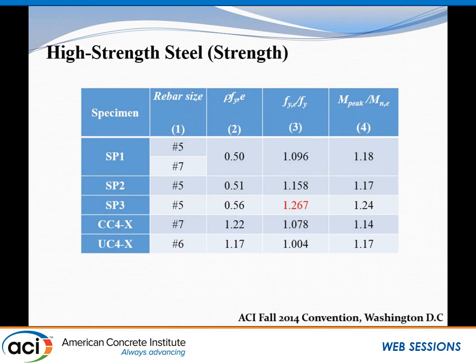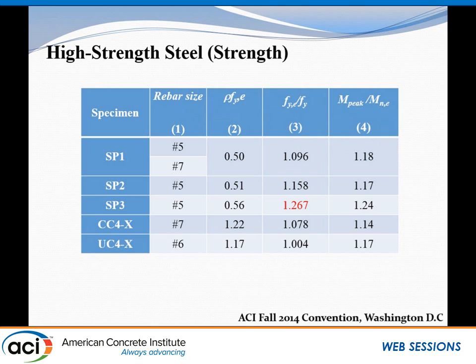And this is the strength evaluated using the ACI code specified equivalent stress block and the bilinear, perfectly elastic perfectly plastic steel properties.